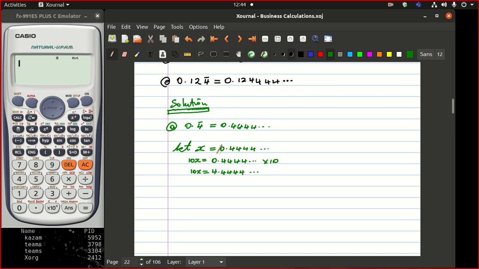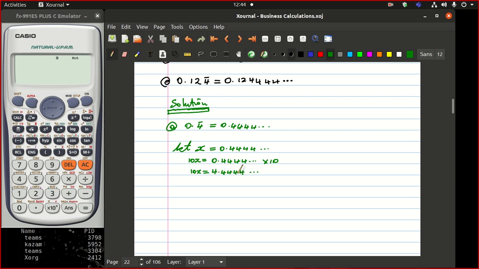The next thing that you want to do here is check the numbers after this decimal point. If you look at this number, we have 4444 throughout, so we'll continue writing fours, and then you check this x after this decimal point here. Is this number the same as the number after the decimal point? That is what you are checking. So here I have 444 throughout, and also here after this decimal point we have 444.